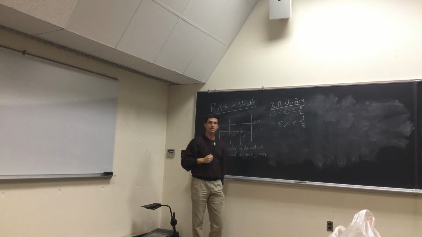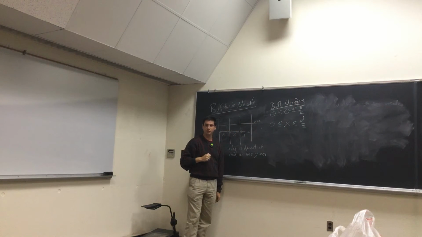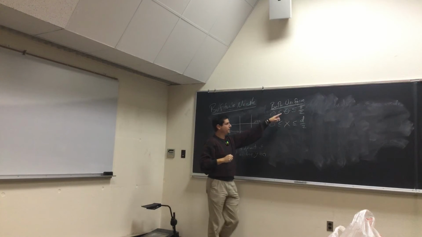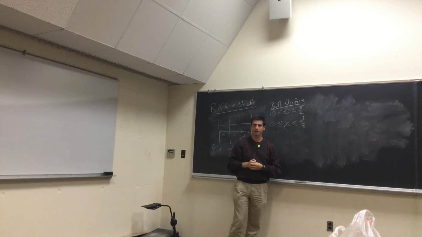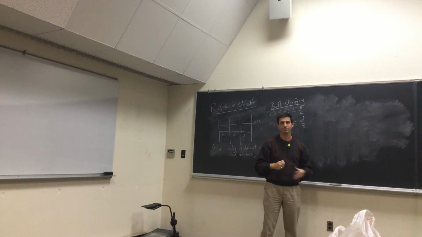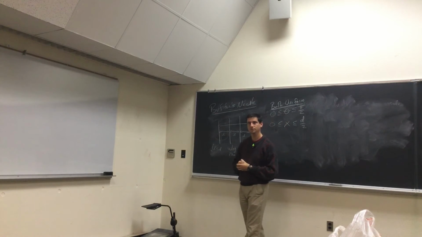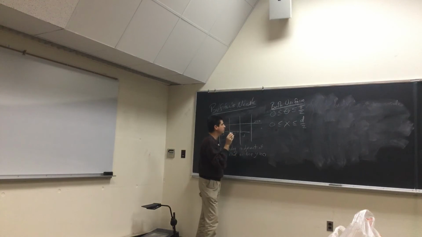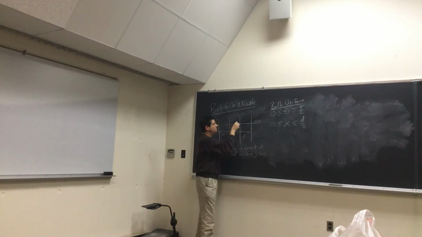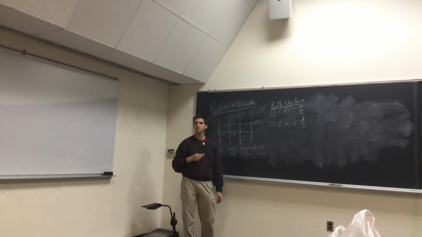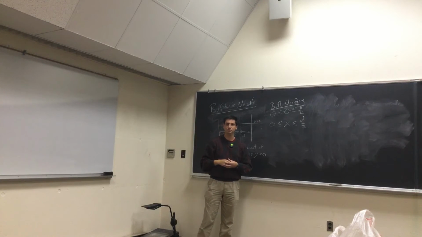And now we need to calculate the probability that a rod with a given value of x and theta intersects a line. How many points of intersection could we have? 1 or 0. We are going to ignore the possibility that x equals 0 and theta equals pi halves, because that happens with probability 0.